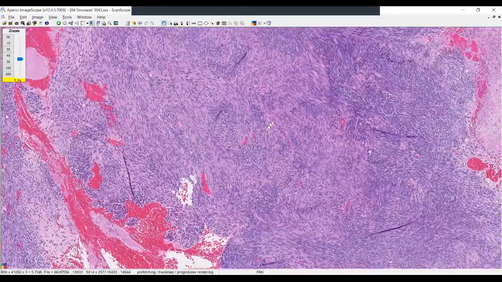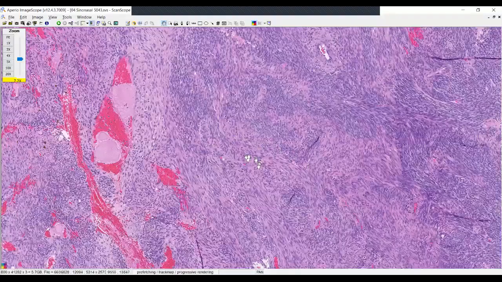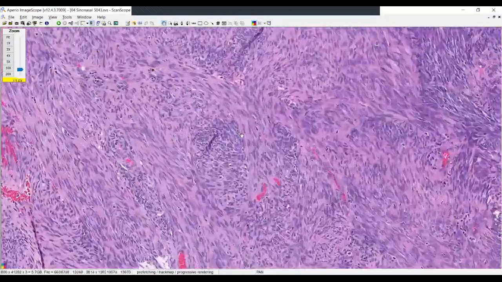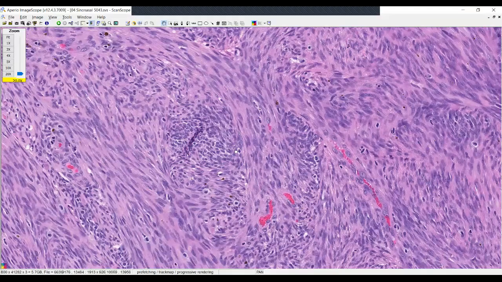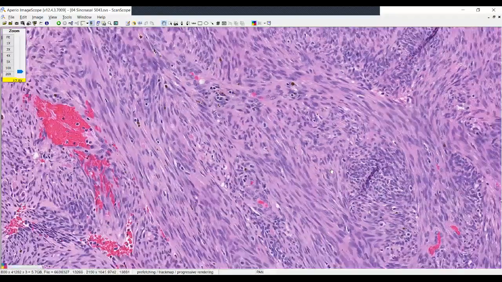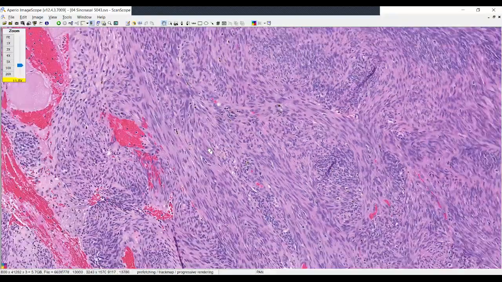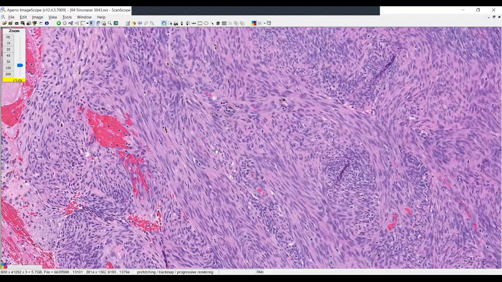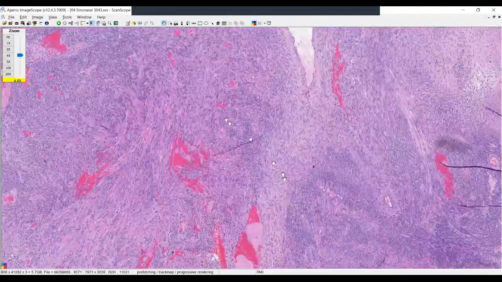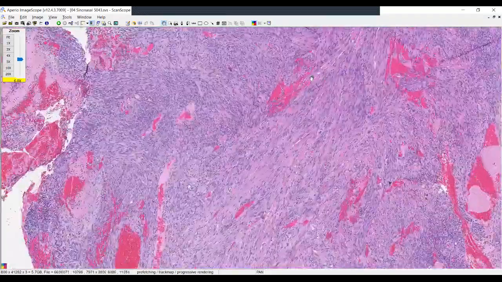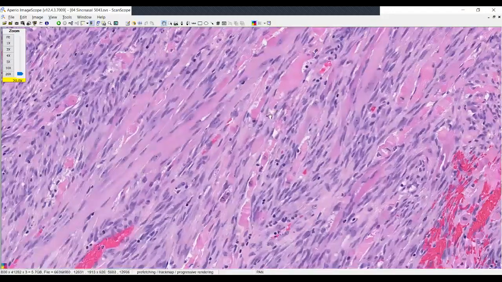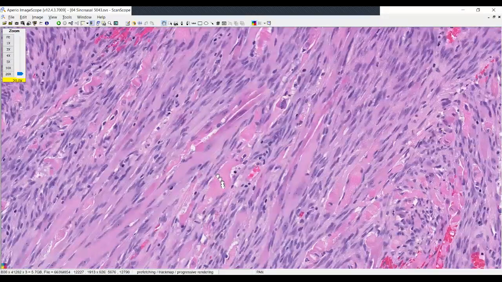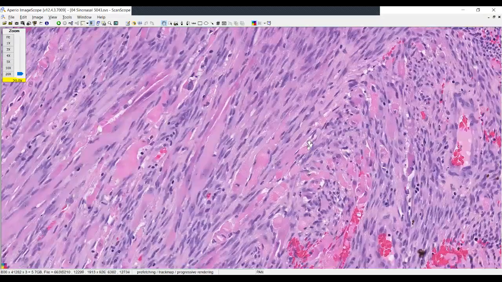What is interesting is that there are isolated areas like this that seem to show more of a fascicular architectural arrangement. And in fact, as I begin to look at those areas of fascicular appearance, they seem to be almost a rhabdoid type appearance to it. Let's look at another area like this over here. And I would venture to say that in this case, you even have strap cell formation over here.